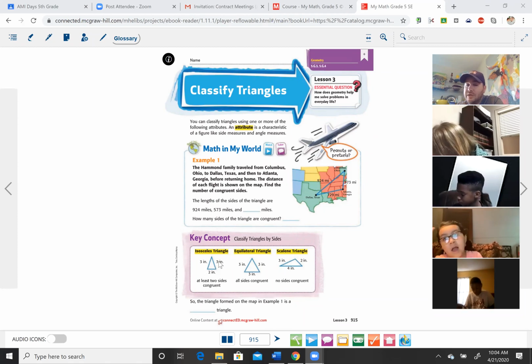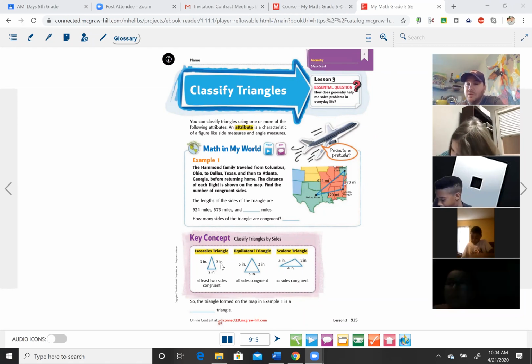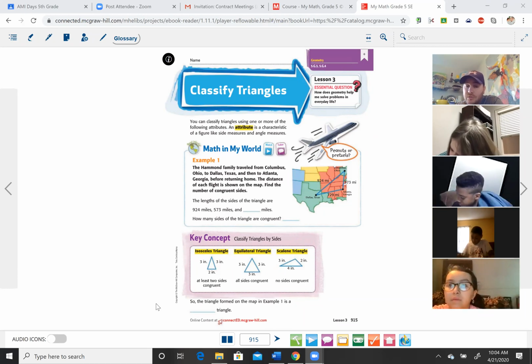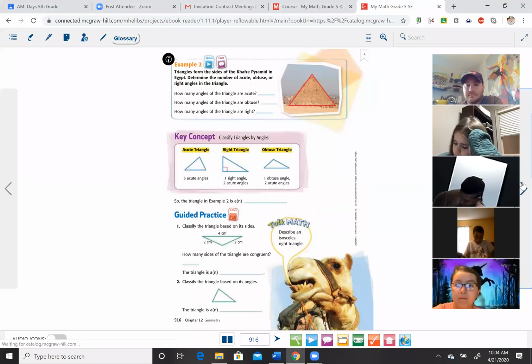So if it has no sides congruent, it's scalene. If it has 2 sides, it's isosceles. If it has 3 sides, it's equilateral. That means all sides are equal. Those are the big concepts that you're going to have to know for this right now.